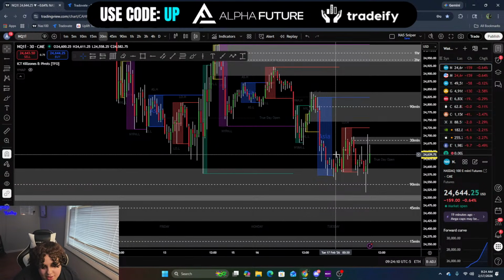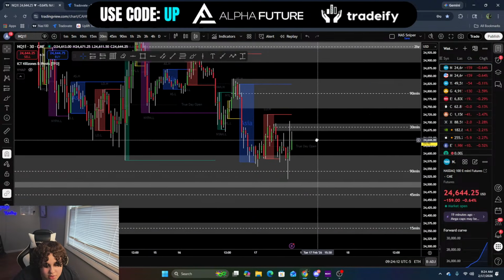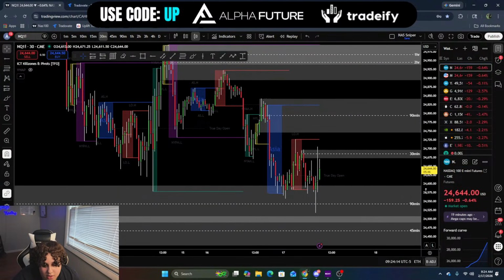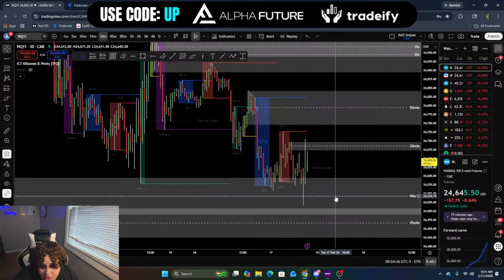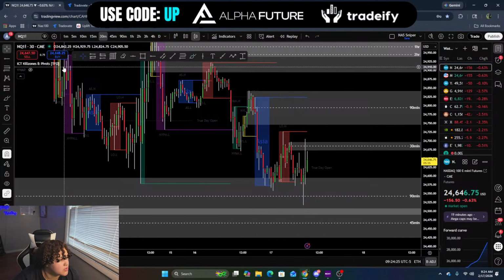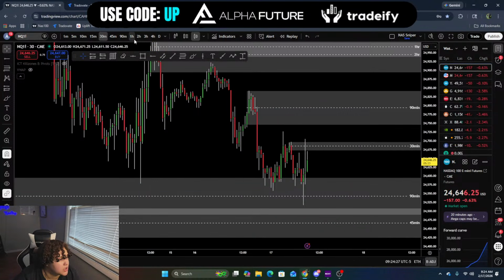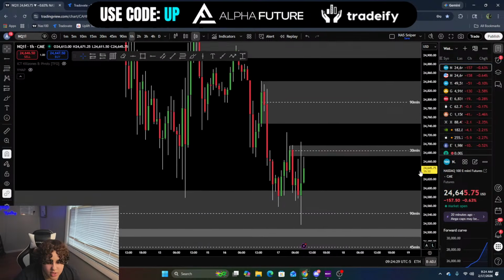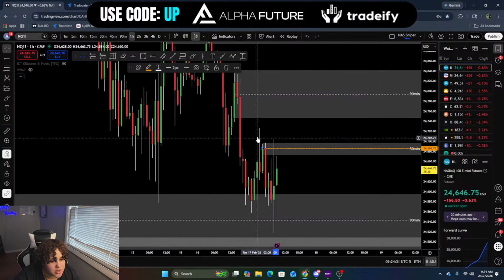Most people would say this looks bullish, which I could see. I think a good buy could be right here off of this area that we've kept bouncing off from. But we'll see. I keep getting off track. Let's mark this down.